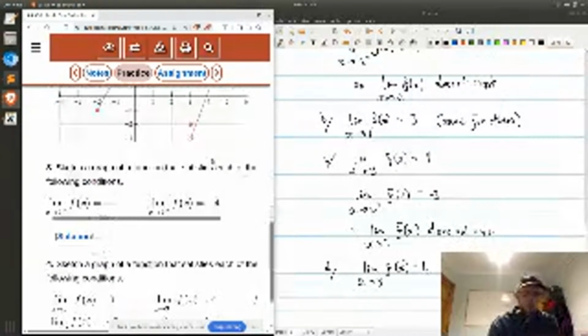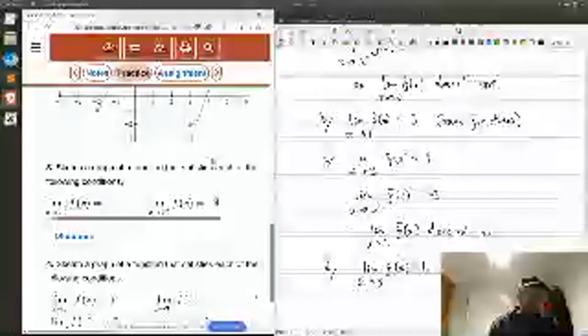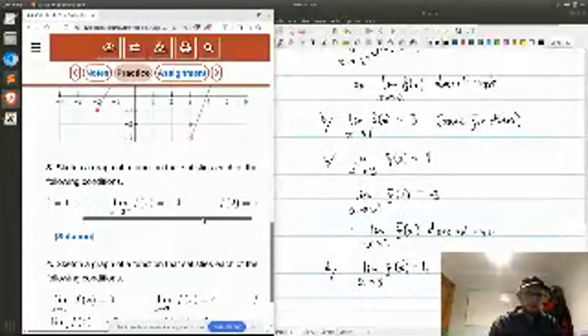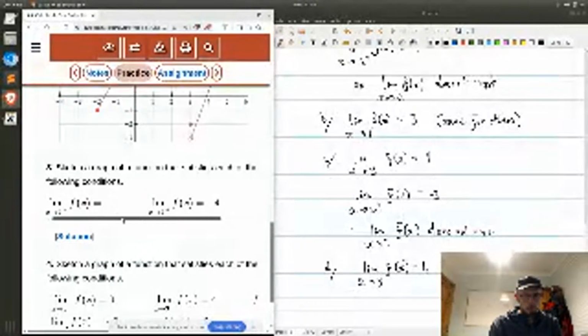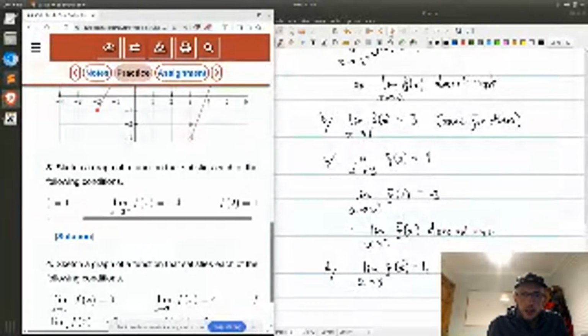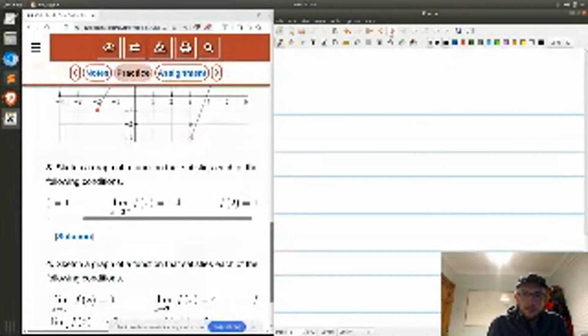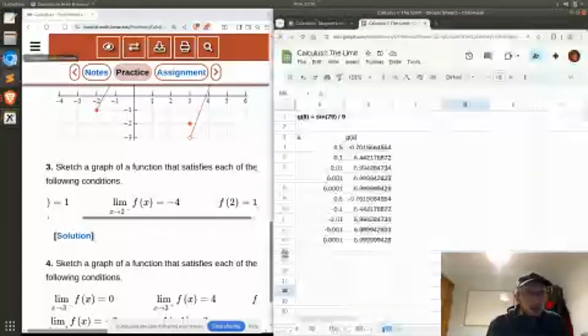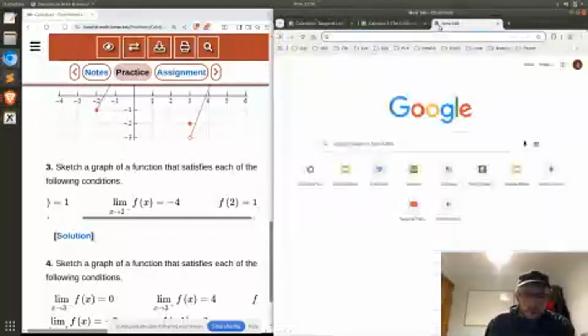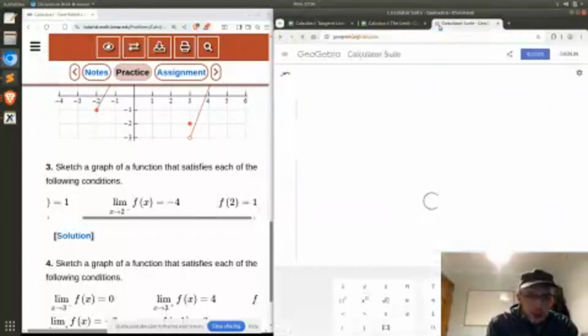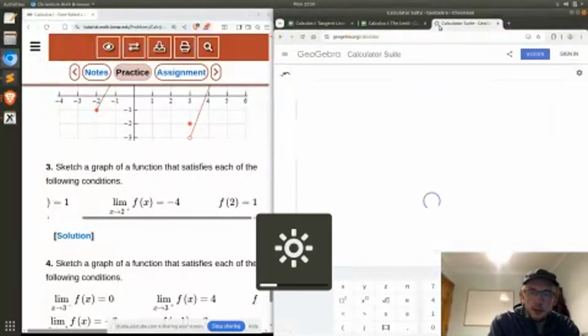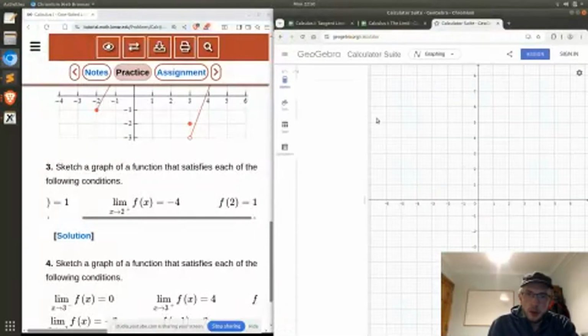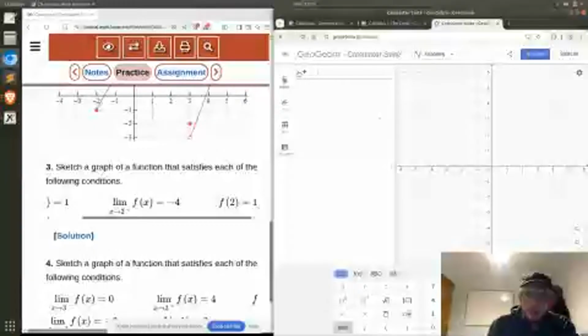Now, sketch a graph of a function that satisfies each of the following conditions. Okay. So I'm going to go to GeoGebra and borrow a bit of the XY plane.